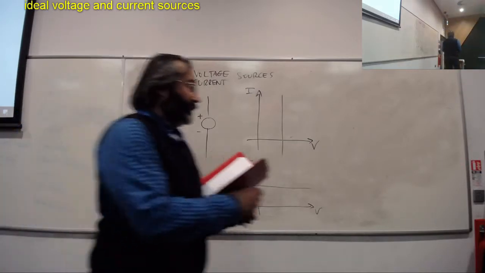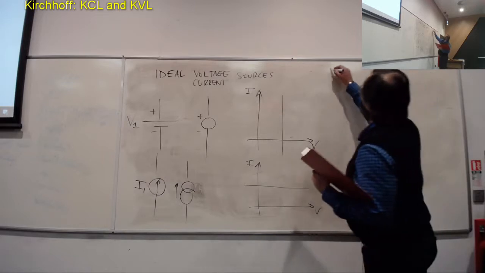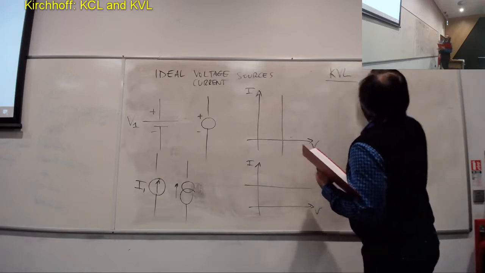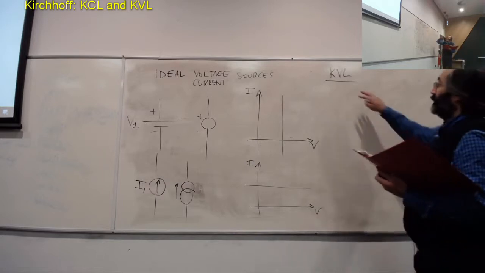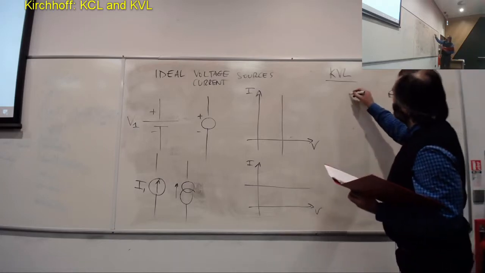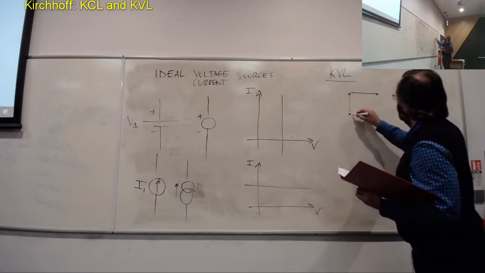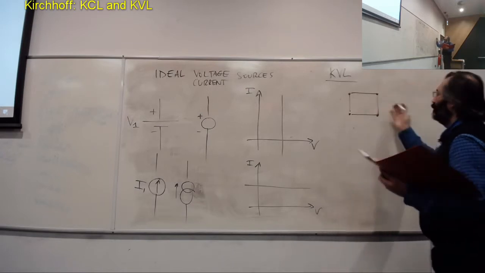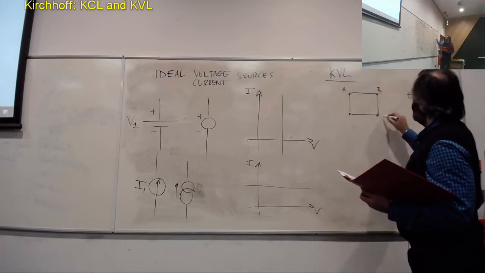Okay, and now we remind ourselves of Kirchhoff's laws, which we will indicate, for example, KVL, the voltage law. What does it mean? This plays a role when we are dealing with a closed loop. Let us imagine that we are dealing with this closed loop. I will not add any components here, just for our definition.